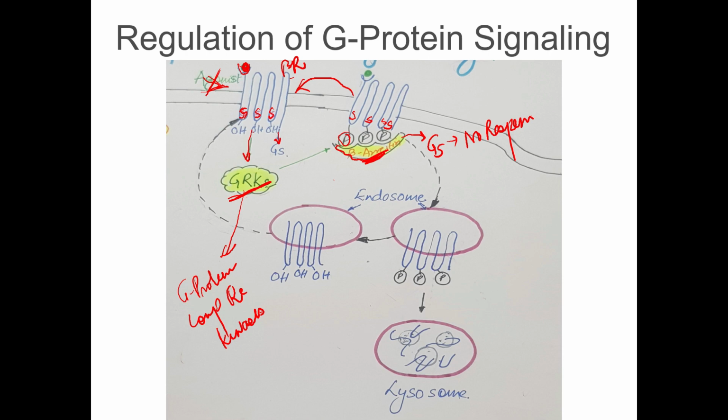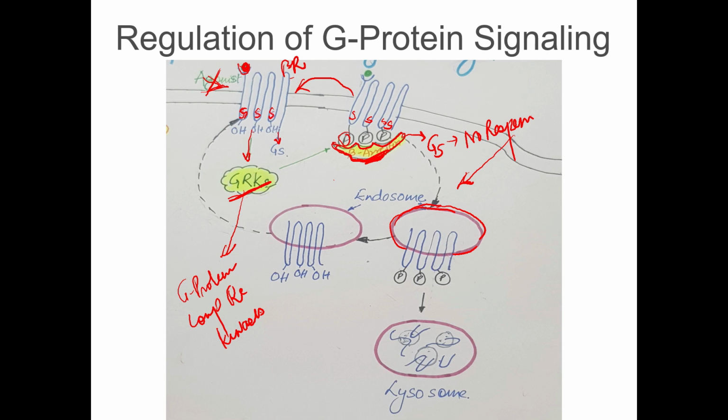Then the second one is this beta arrestin bound receptor. It has the property of getting fused with the plasma membrane. You can see here that endocytosis of this receptor takes place. Now once it gets inside the endosomes, what will happen?